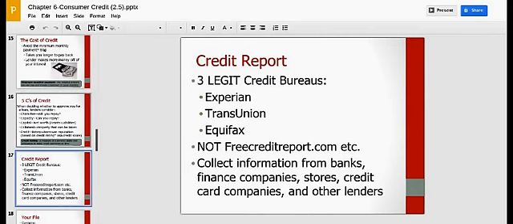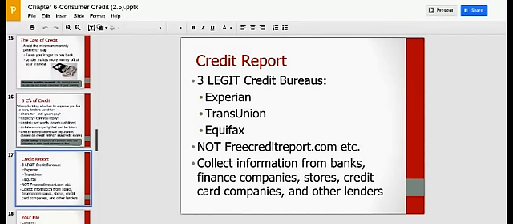With your credit report that lenders pull up, there are 3 legit credit bureaus: Experian, TransUnion, and Equifax, where you can find out your accurate and official credit score. Sites like freecreditreport.com aren't legit credit bureaus because they use a different, unofficial formula in generating your credit score.